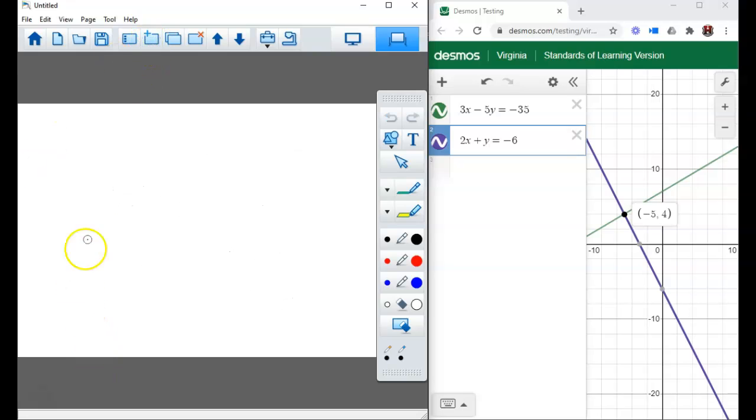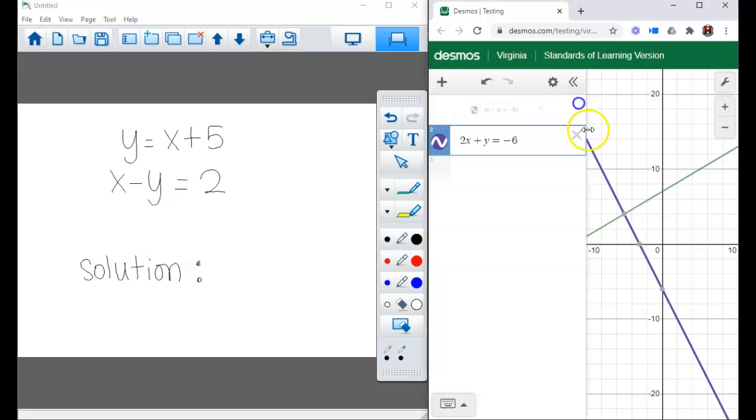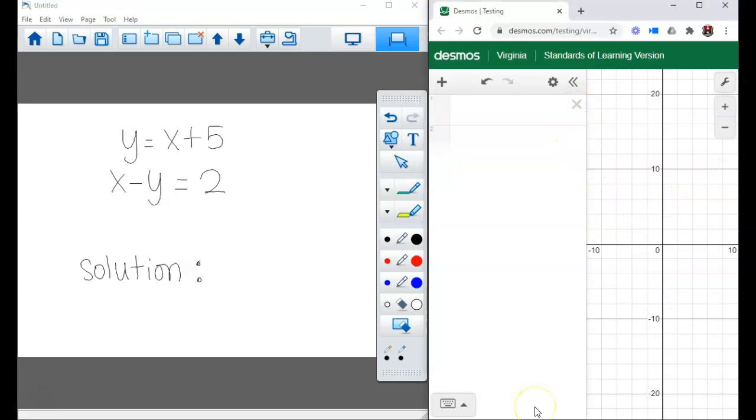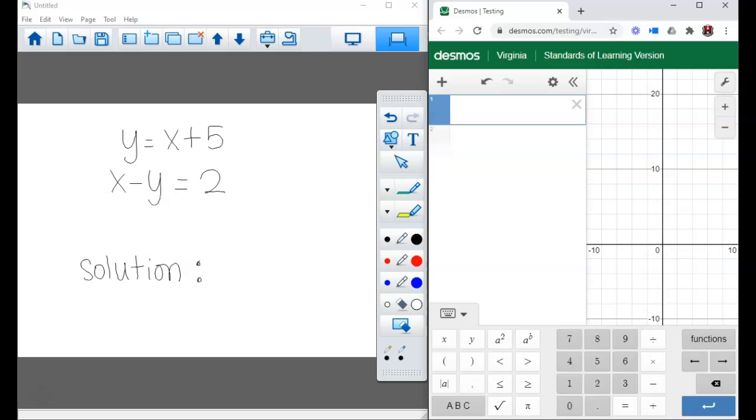All right, y equals x plus 5. X minus y equals 2. Find the solution. All right, so y equals x plus 5.